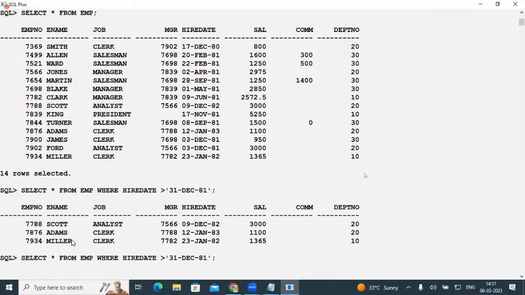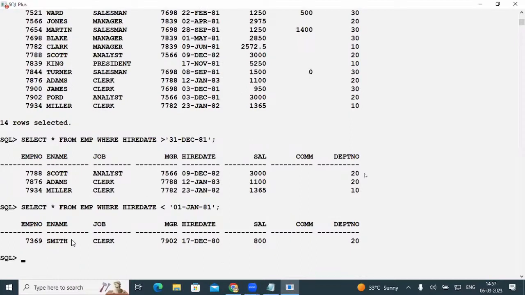Suppose I ask the same question: before 1981, who joined? I want that. Before means less than, so we should use less than. How to write the condition? Before 1981 means 1-Jan-81, the first 3 characters of the month spelling and 81.